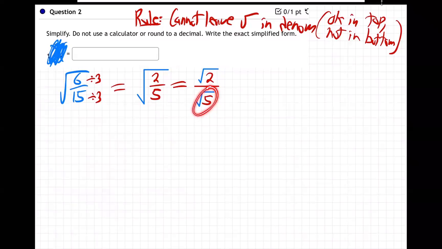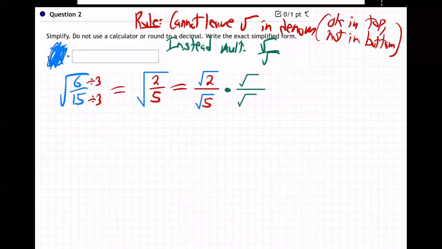So what do you do about it? What you do instead is multiply by root over root. So I'm going to multiply by the square root of 5 over the square root of 5.